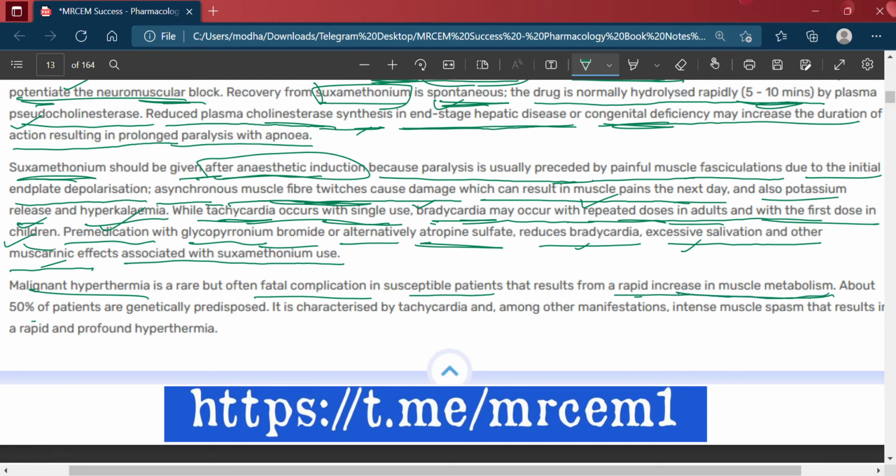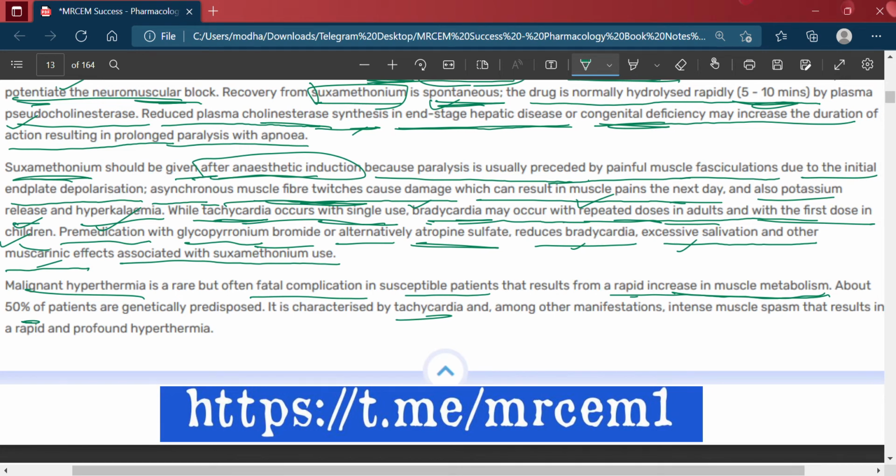About 50% of the patients are genetically predisposed. It is characterized by tachycardia and, among other manifestations, intense muscle spasm that results in rapid and profound hyperthermia.